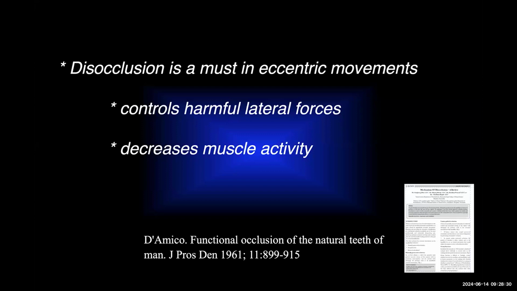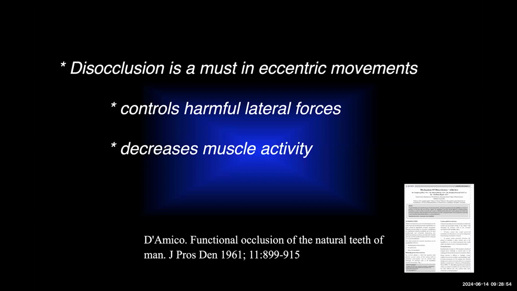The reason for that is it takes the most force and it protects the rest of the dentition. So what D'Amico found was when you disclude in these eccentric movements, it controls the lateral forces. We know lateral forces are shear forces that can cause problems for teeth and also implants.